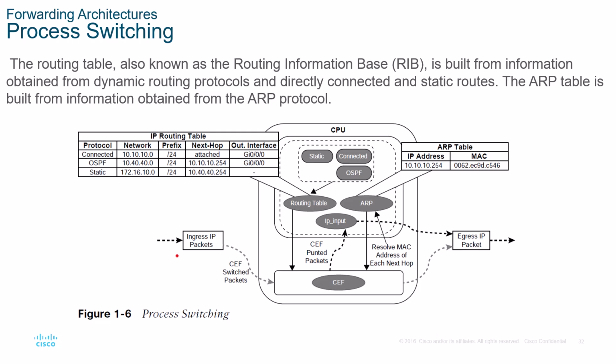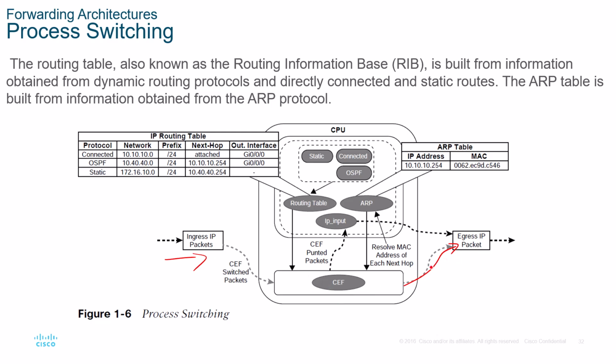So an incoming ingress packet will need to be looked at. If the packet can be done through the CEF, the Cisco Express Forwarding, this guy will process and send it right on out.